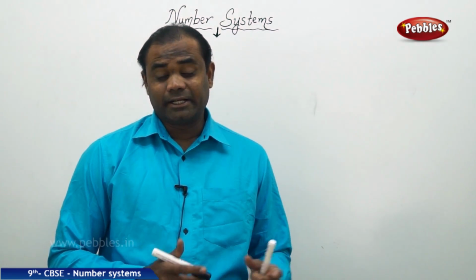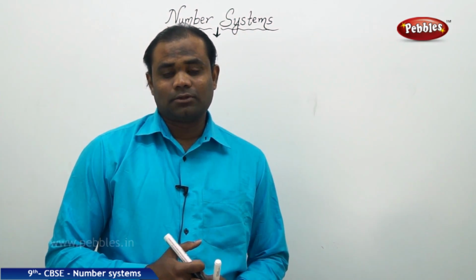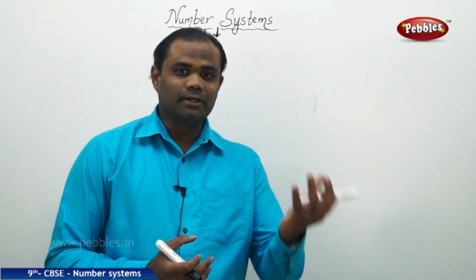Exponents connected with real numbers. Now that we have seen different properties like rationalizing using a plus b into a minus b, which is a square minus b square, and various other properties, now we are going to enter into connecting the real numbers with exponent properties.